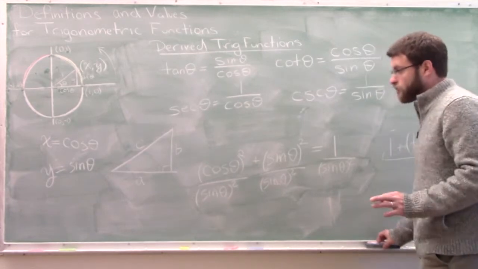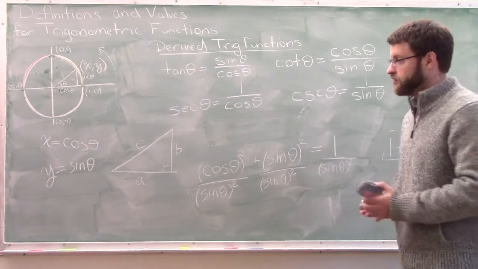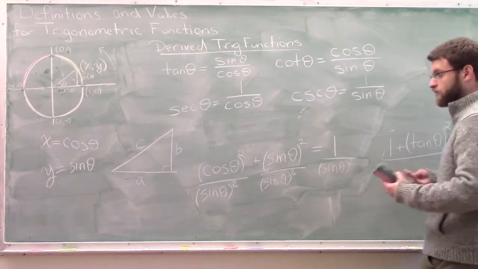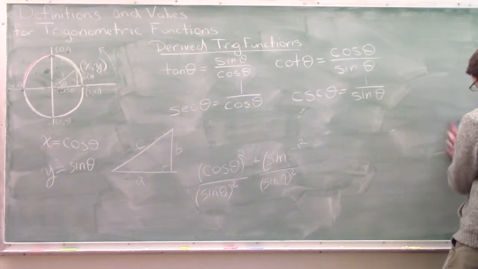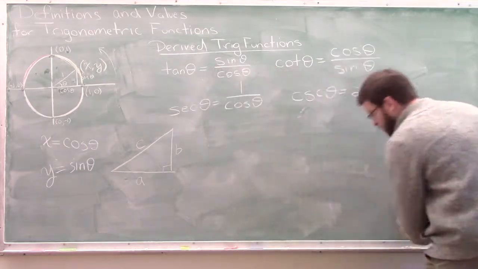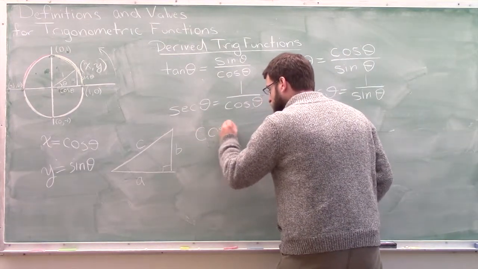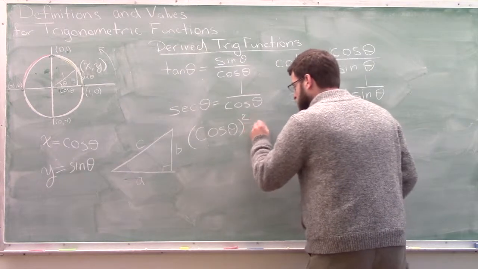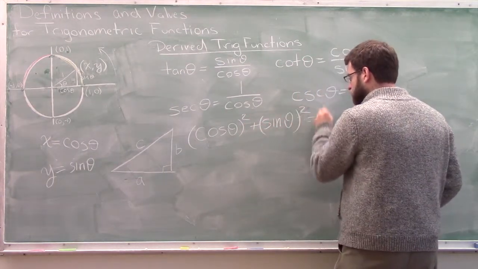So let me just write these nice and clearly, one at a time on the board, and then that'll conclude this introduction to the trigonometric functions. So we have the core Pythagorean identity, which is cosine squared plus sine squared is equal to 1.